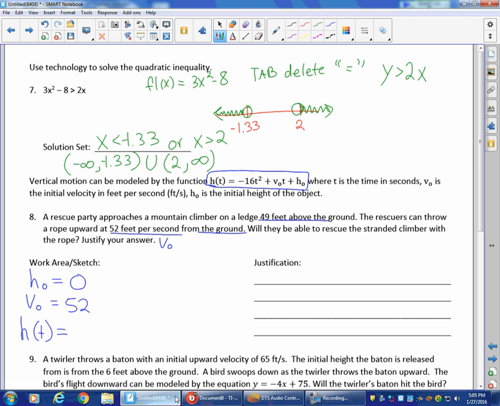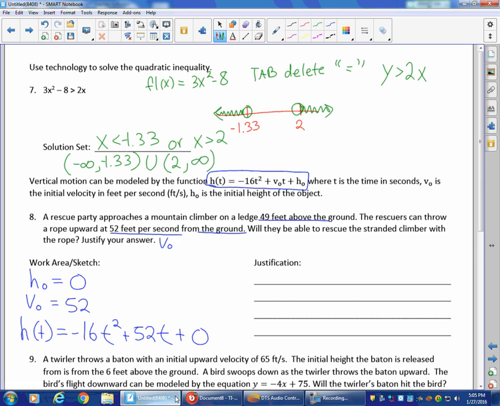a 0 initial height. So setting up our equation, negative 16 t squared plus 52t plus 0. All right.